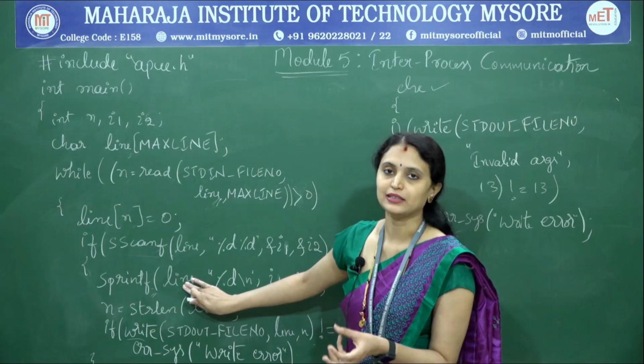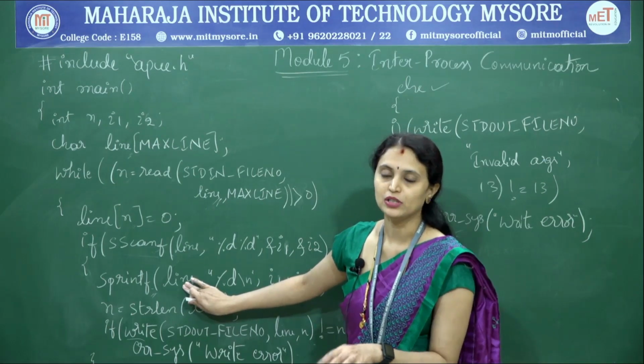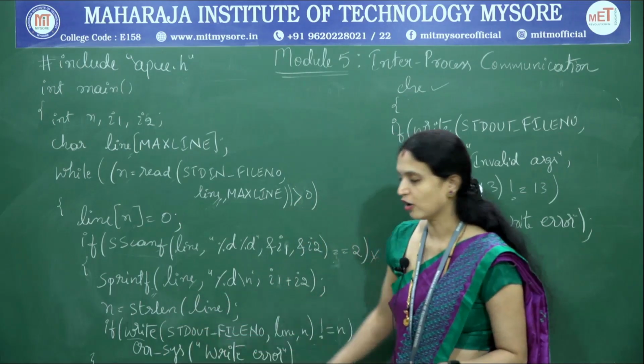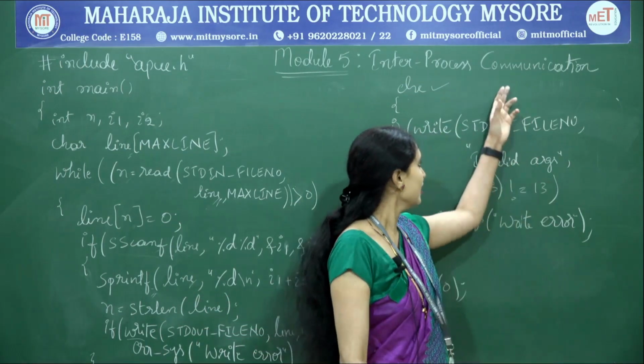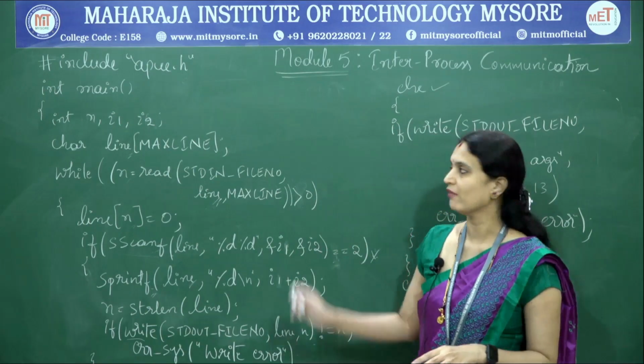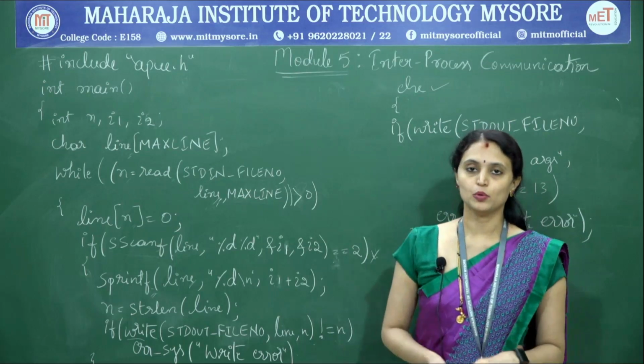Now from that character array we have to print to standard output, so we are making use of the write system call to standard output. These are the error conditions we have handled. That means if the input is not given properly, we have handled that also in the program.